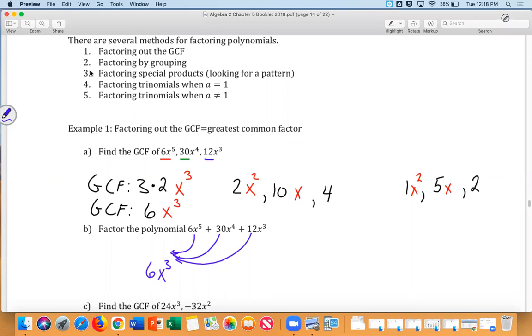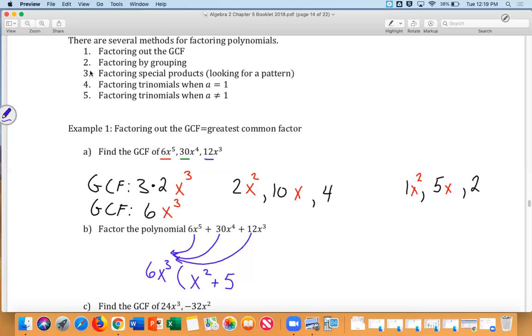The difference between A and B is that in this one, I just pull it out and see the GCF is 6x cubed. But here, I'm factoring out a 6x cubed. That's going to leave me with 6 divided by 6 is 1. X to the 5th divided by x cubed is x squared. 30 divided by 6 is 5, and it's positive, because positive 30 divided by positive 6 is positive 5.